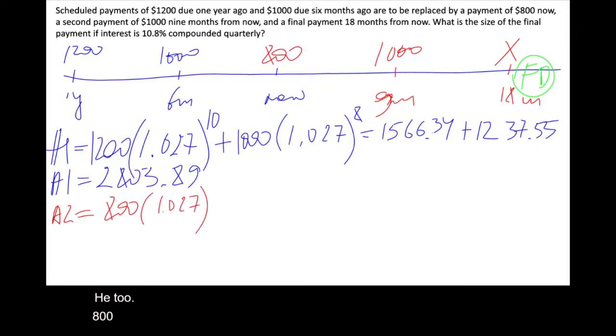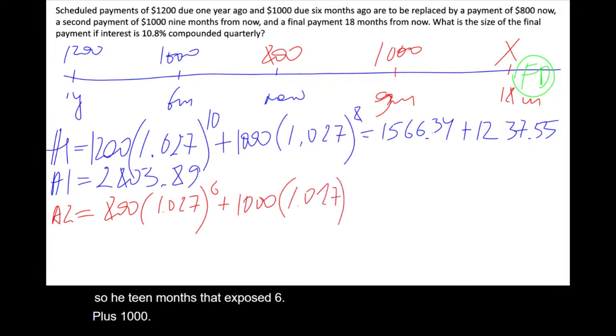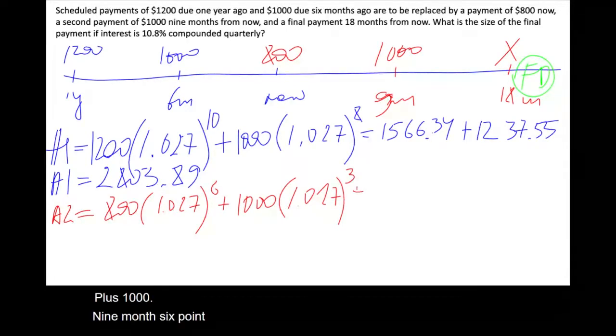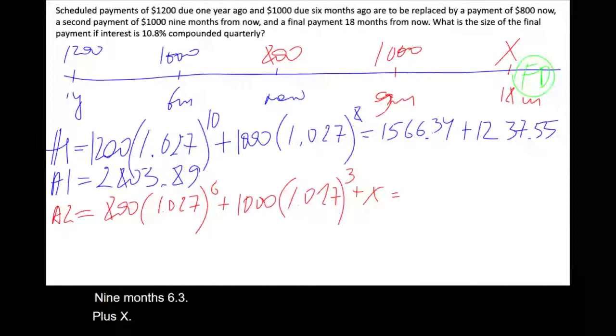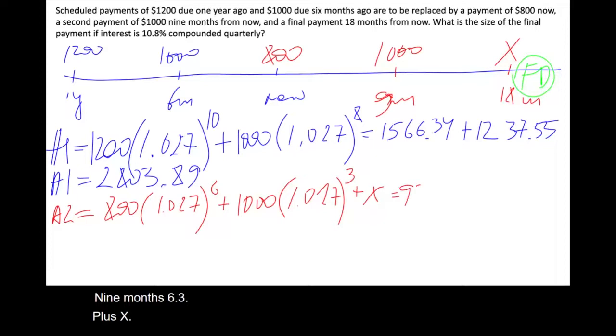So 18 months, that's exponent 6, plus 1000. 9 months, exponent 3, plus x. 938.67 plus 1083.21 plus x.